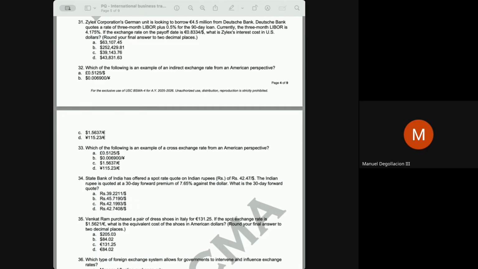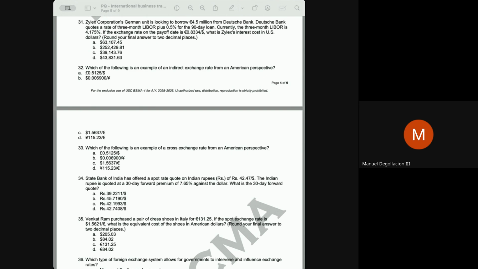So if we go over the choices here, we can say that letter D is really not a possible answer because in the first place it does not involve the US dollar. And then here letter B and letter C are essentially the same. It gives you the equivalent US dollar for one foreign currency.